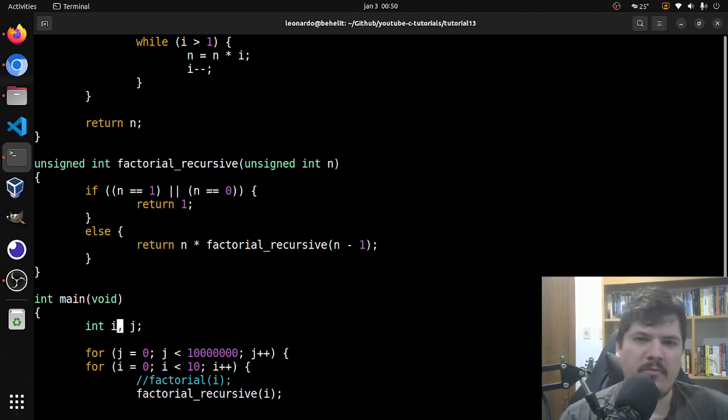So if you want to learn more about recursion, you should look into algorithms such as the quicksort algorithm, or the bubble sort algorithm. One of them, I believe, or both, use recursion, and of course the famous FFT, the fast Fourier transform, which uses recursion.